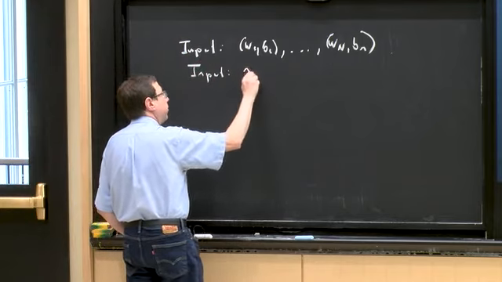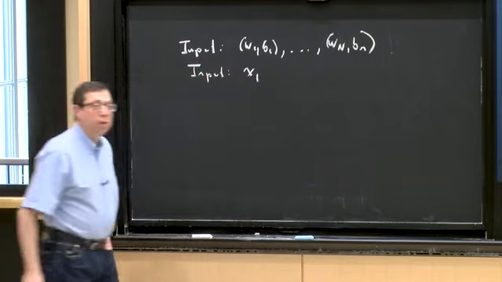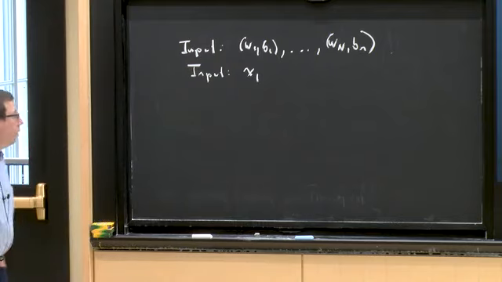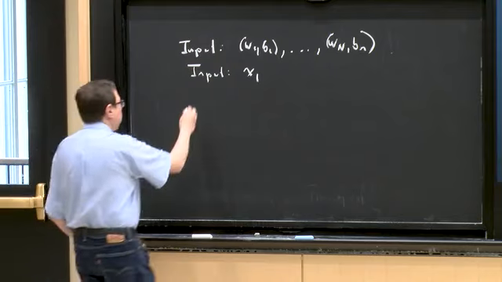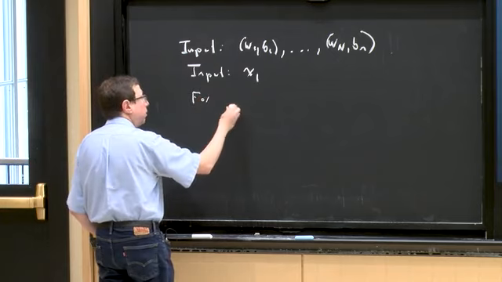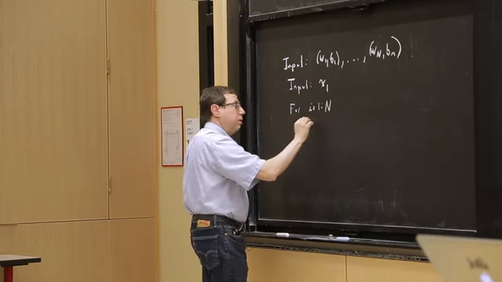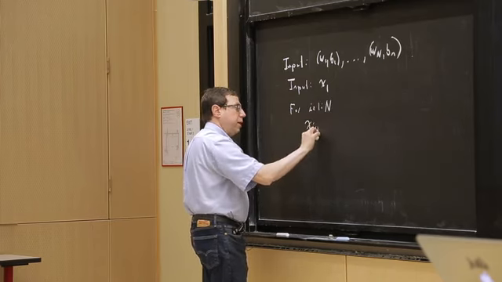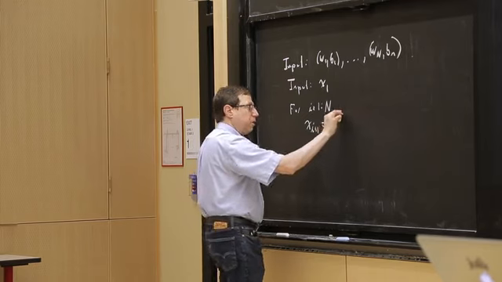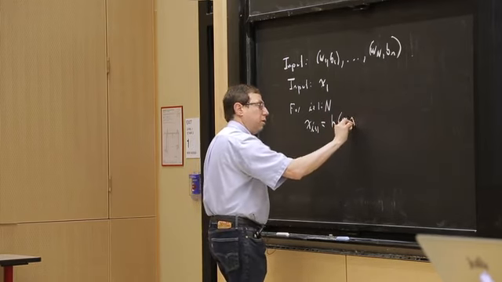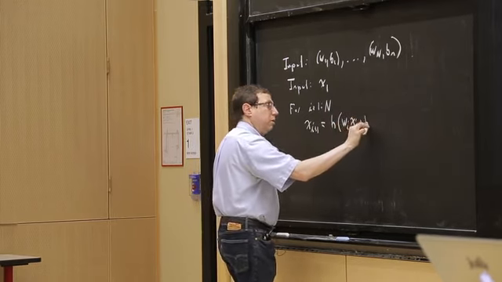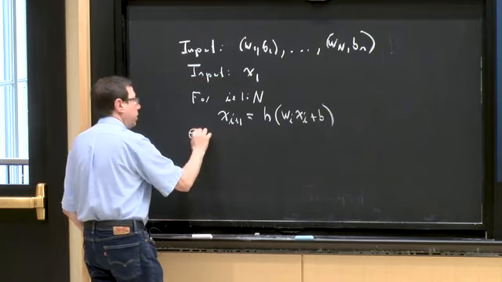We'll also have an x1, which will sort of start off our neural network. And we're going to compute, I'll write it in sort of Julia-like or MATLAB-like notation, for i equals 1 through n, I will update x by taking some function of my current input, maybe something like this.